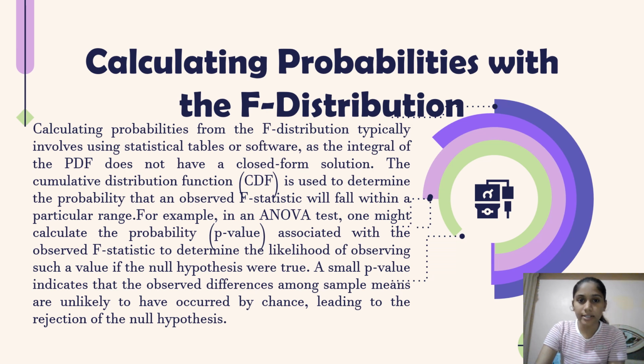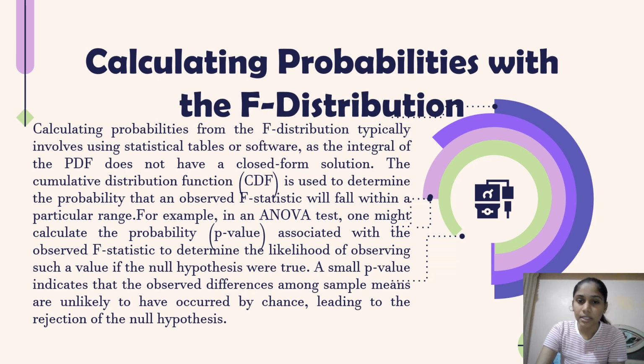Calculating probabilities with F distribution. Calculating probabilities from the F distribution typically involves using statistical tables or software, as the integral of PDF does not have a closed form solution. The cumulative distribution function, CDF, is used to determine the probability that an observed F statistic will fall within a particular range.